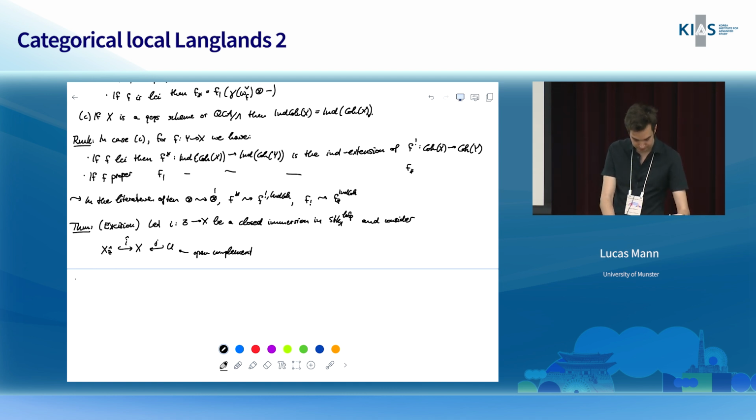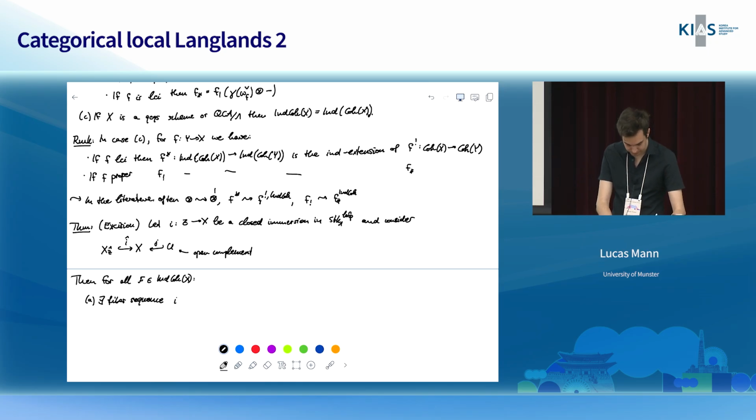Okay, and then for all sheaves in int co x, we have the following statement. So first of all, there exists a fiber sequence of the form. Okay, now it gets a bit confusing again, maybe, because it might not look the way you're used to.